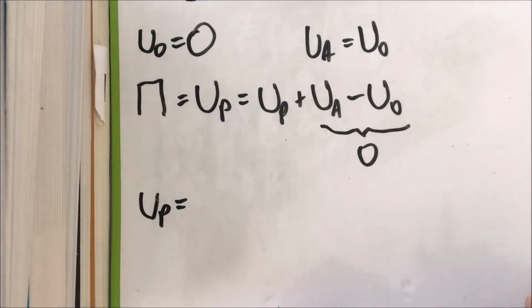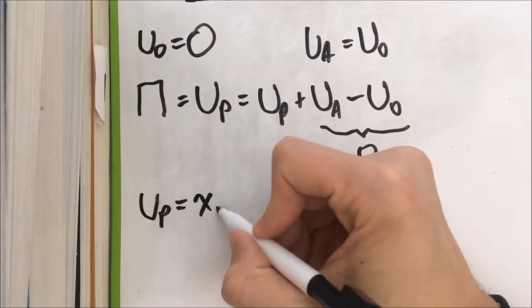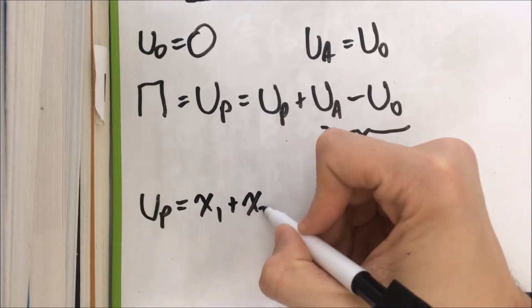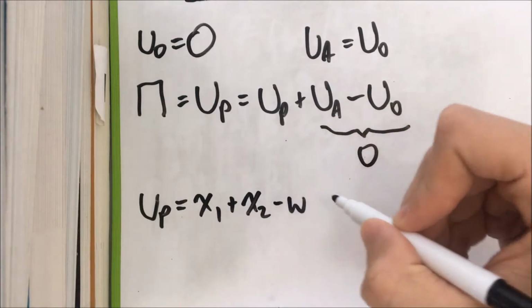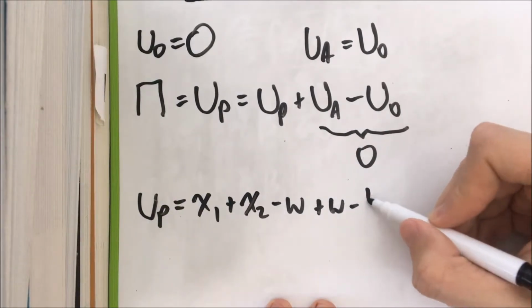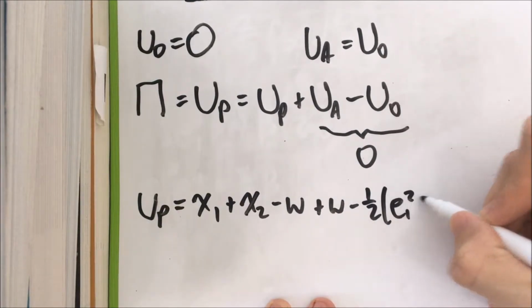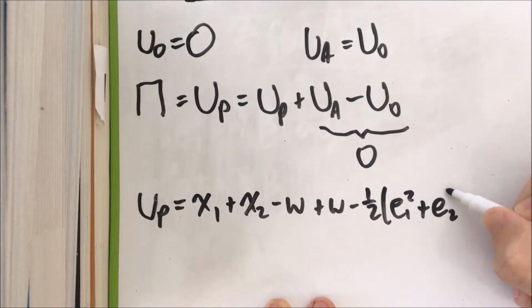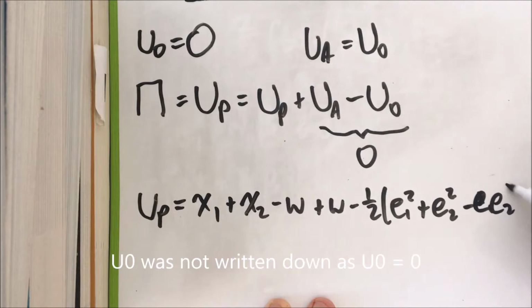Perfect. So let's write UP in terms of alpha and beta, because then we can differentiate and use first order conditions to find out the optimal alpha and beta. So the first way we're going to write it out is UP equals x1 plus x2 minus W plus W minus half e1 squared minus half e2 squared plus half e1 e2.